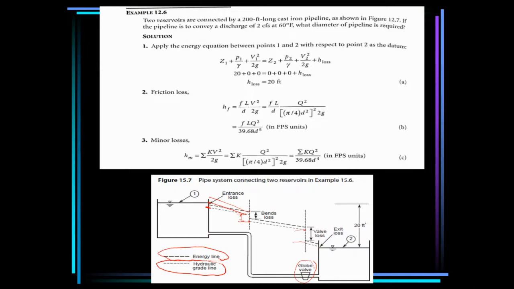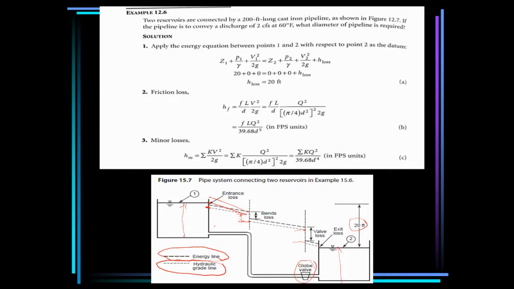The difference between the elevations is 20 feet, which gives the total head loss. We can even do that without all this analysis, because this is the pressure head here, and this is the pressure head here, so the difference between them is the head loss.